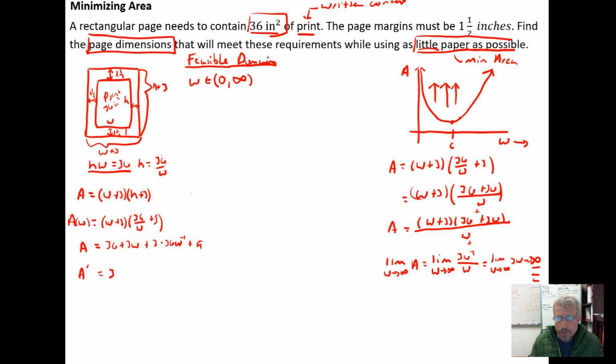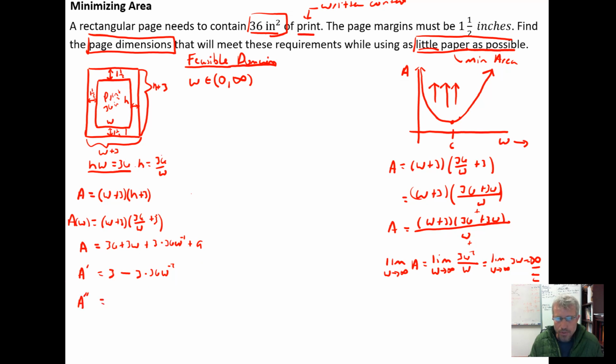The derivative of 3 times 36w to the negative first, that negative is going to come down, and it's going to be -1 times 3 times 36, and it's going to be w to the -2, and the derivative of 9 is just 0.